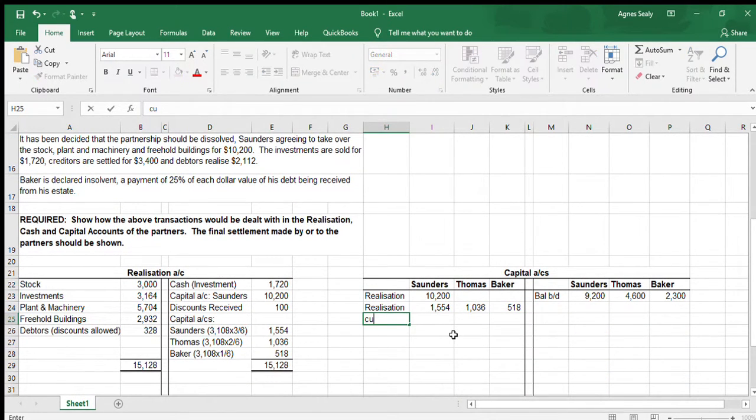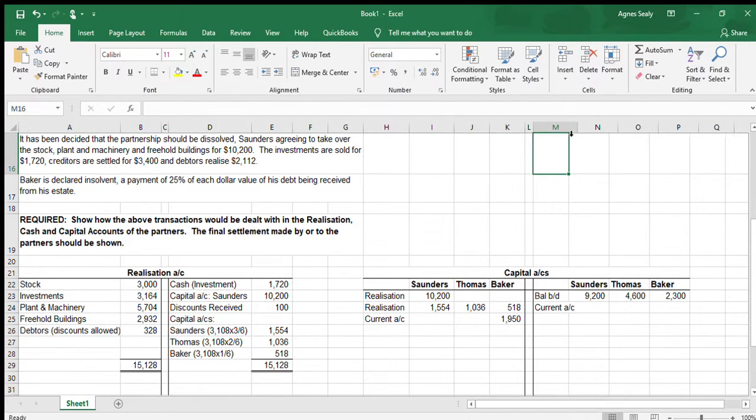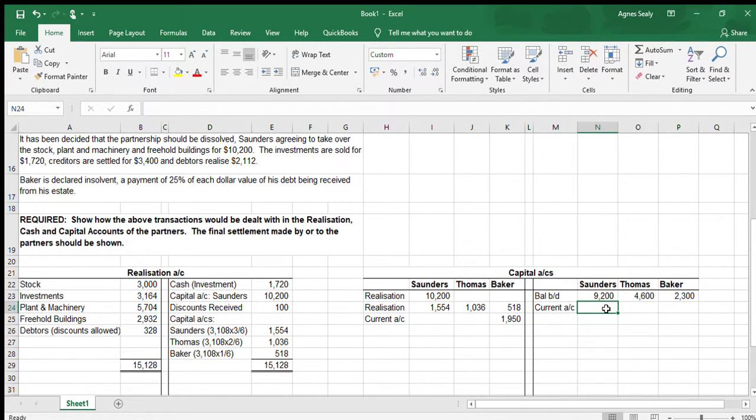So current account, and this will close their current account. For Baker is $1,950. Current accounts for Saunders is $860, and for Baker $520, for Thomas $520. So we've closed off their current accounts.